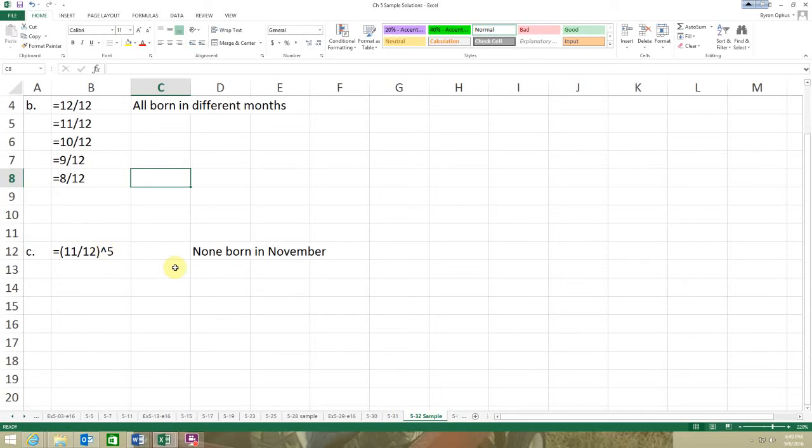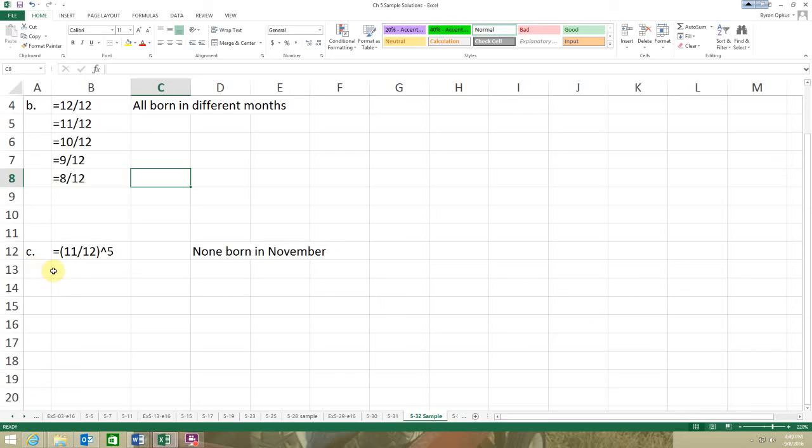Okay, there we go. Now the last one is what's the probability that none were born in the month of November. Well, if I'm ruling out 1 month, then for each person that I ask, it's kind of the opposite of this one. I've got an 11 out of 12 chance that they weren't born in that month, right?